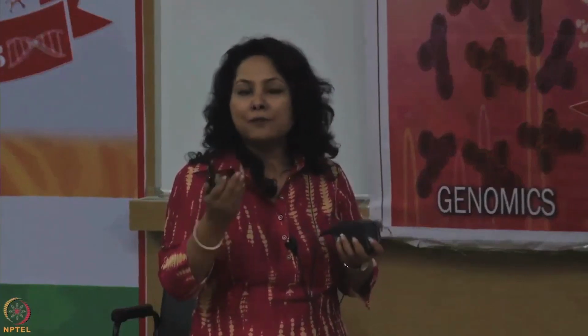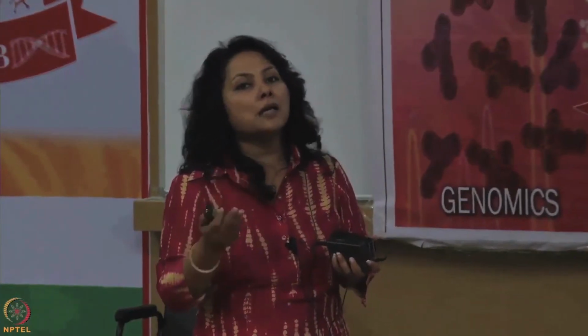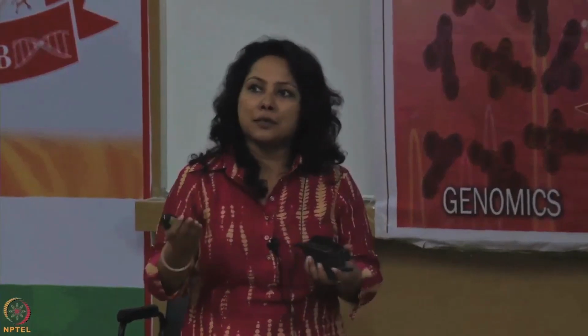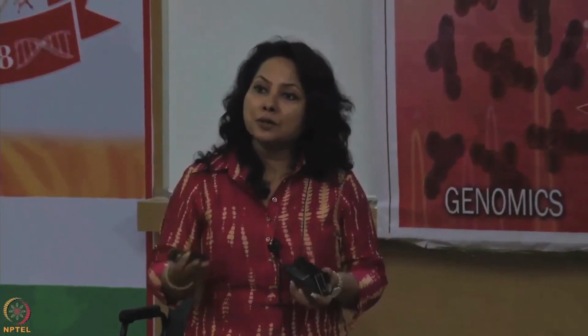So you are not losing out. Supposing you want to study 100 targets out of a tumor, where you have very little sample and you get hardly 10 nanograms of DNA or nucleic acid material. Now you want to study 100 targets.